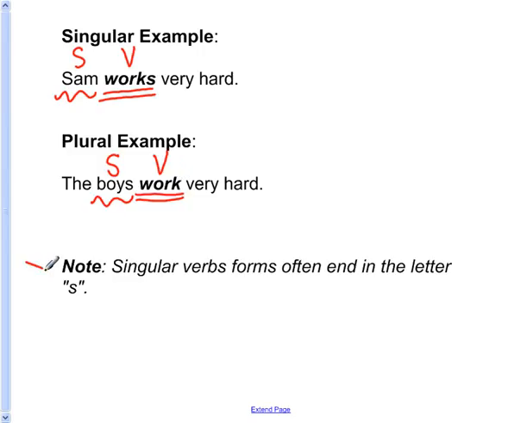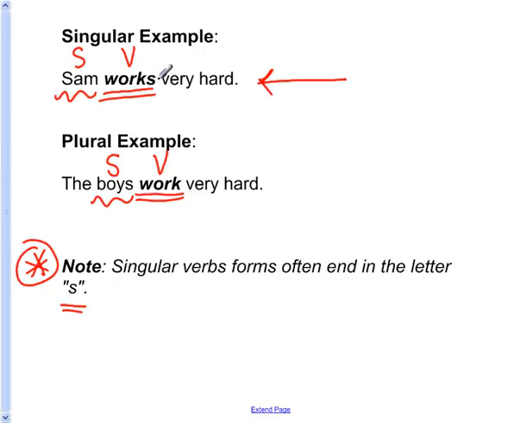Note, if you're wondering what form of the verb to choose, which agrees with the singular subject or which agrees with the plural subject, singular verb forms often end in the letter S, which is interesting because let's look at the first example.